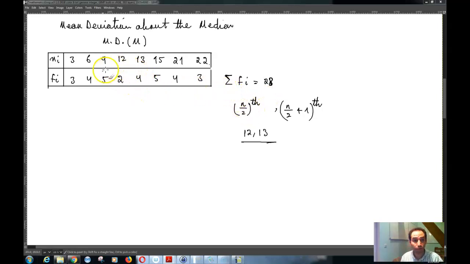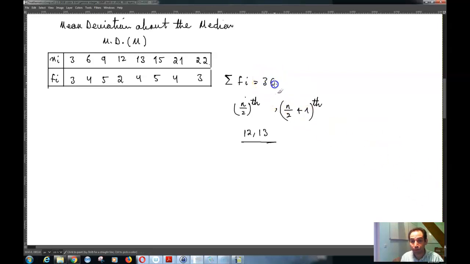So I have 3, 4, 5, 2, 4, 5, 4, 3. So that is 7 plus 5 is equal to 12, 14, 18, 23, and that's 30. That is actually 30.